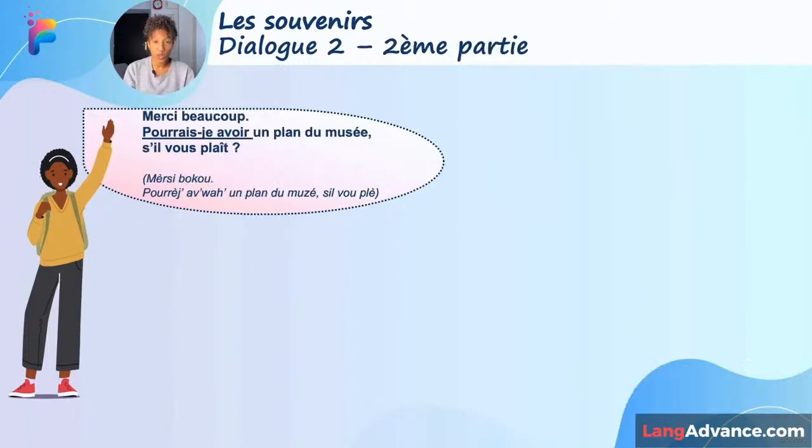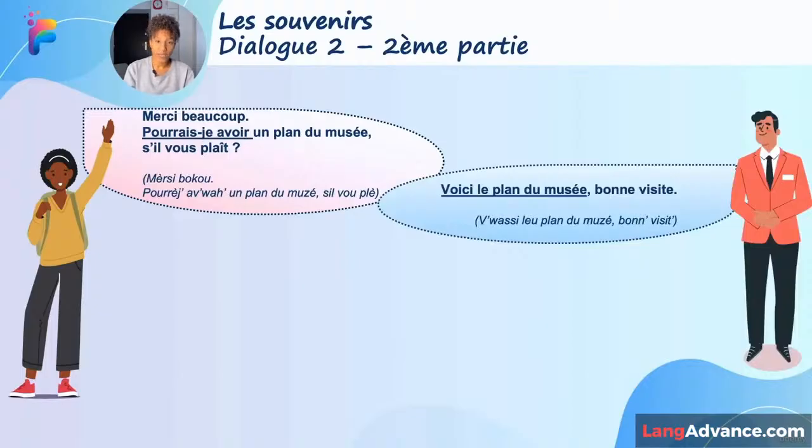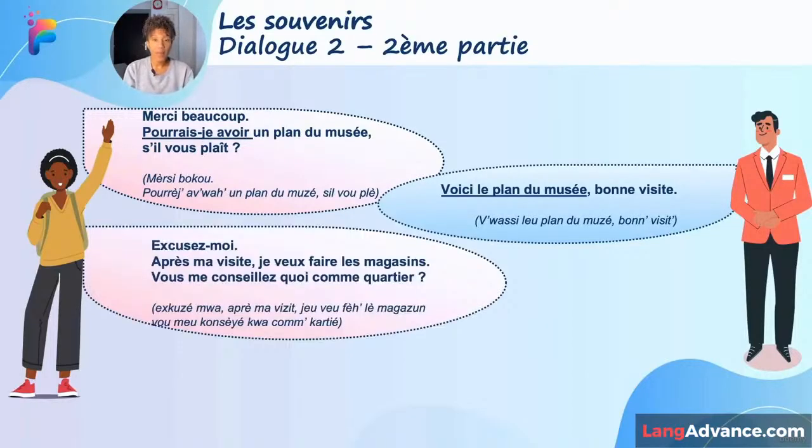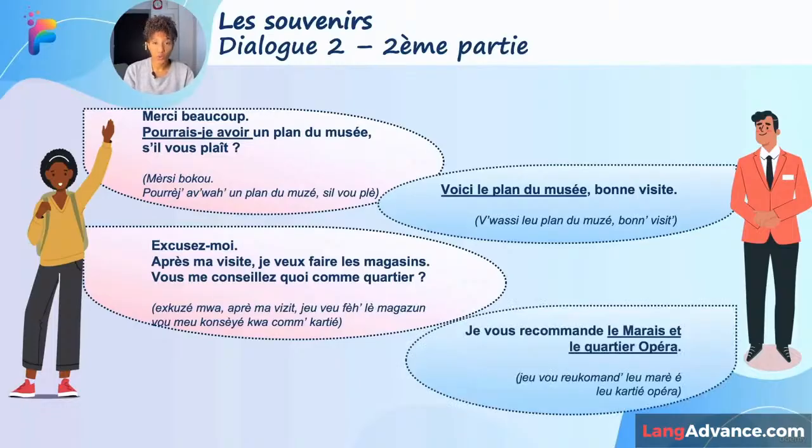Merci beaucoup. Pourrais-je avoir un plan du musée, s'il vous plaît? Voici un plan du musée. Bonne visite. Excusez-moi. Après ma visite, je veux faire les magasins. Vous me conseillez quoi comme quartier? Je vous recommande le Marais et le quartier Opéra. Merci beaucoup. Bonne journée.